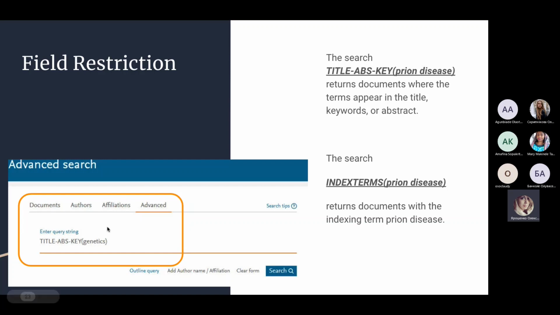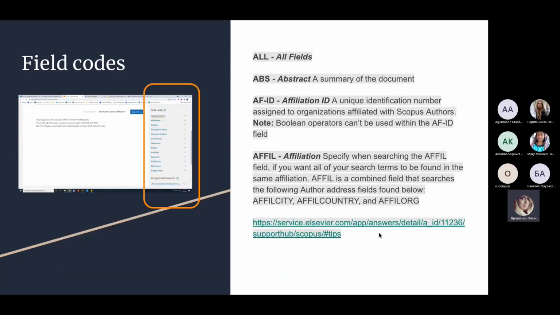For example, genetics in TITLE-ABS-KEY, or prion disease in TITLE-ABS-KEY, returns documents where the term appears in the title, keywords, and abstract. The search INDEXTERMS prion disease will return documents with the indexing term prion disease.